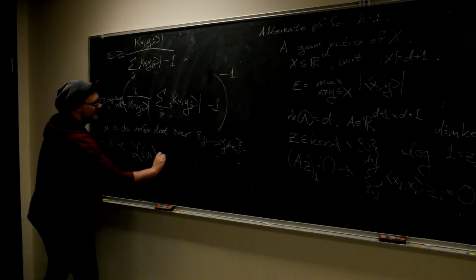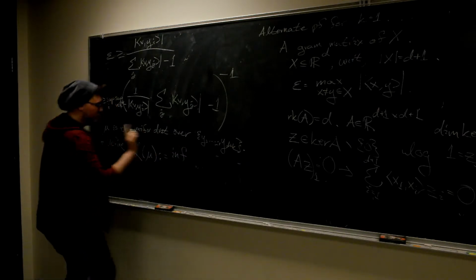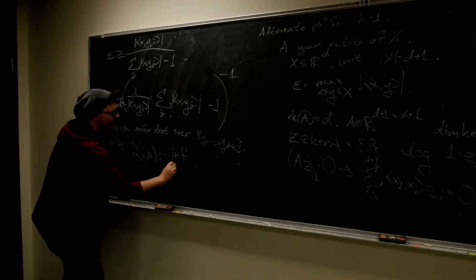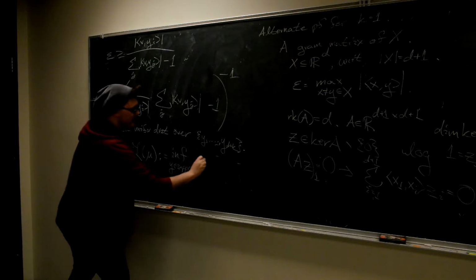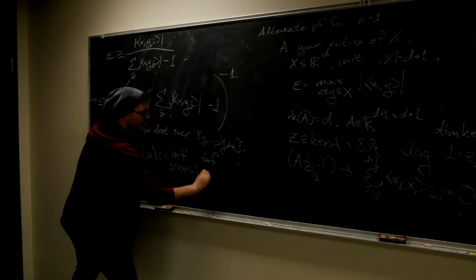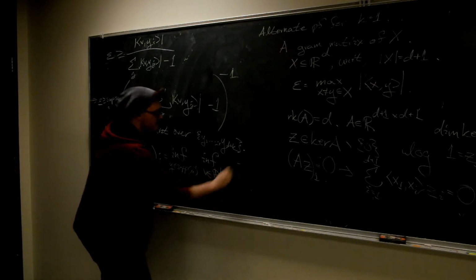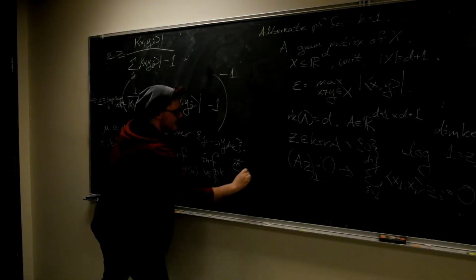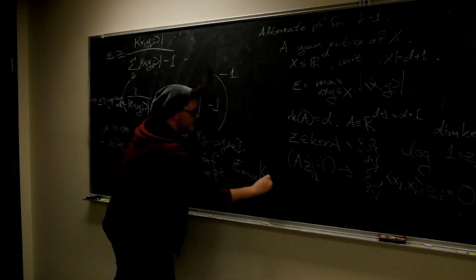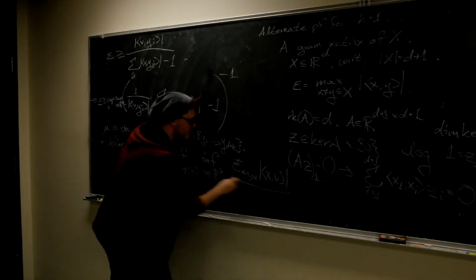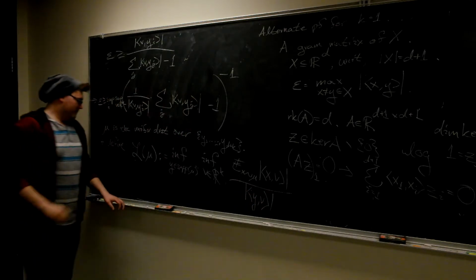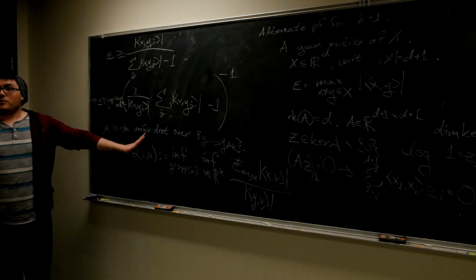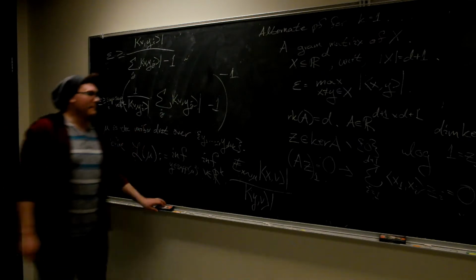Let's define it to be the infimum in general over all, let's say, y in the support, and the infimum over all v in R to the k of the expected value, where I take x distributed according to mu, of the absolute value of x with v, divided by the absolute value of y with v. And I can define this for any Borel probability measure. It's perfectly happy.